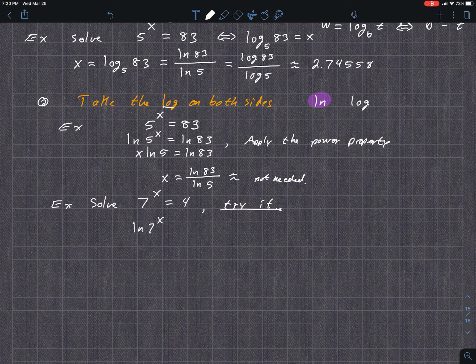Take the log of both sides: ln 7 to the x equals ln 4. Bring down the x, divide, and you get x is ln 4 over ln 7. Again, this is exact form. That's what I really want to see. And then you can simplify it if you want. The book may have that: 0.71241 is what they got in the book, and that's the approximation.